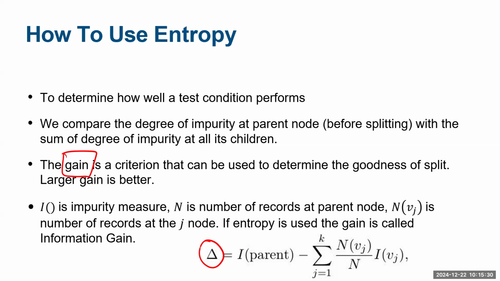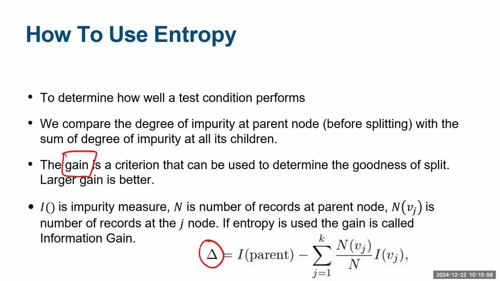It's basically how much impurity you can improve if you do this particular split. So the equation would be the impurity measurement of the parent minus the sum of the proportion of the data times the entropy of the children.